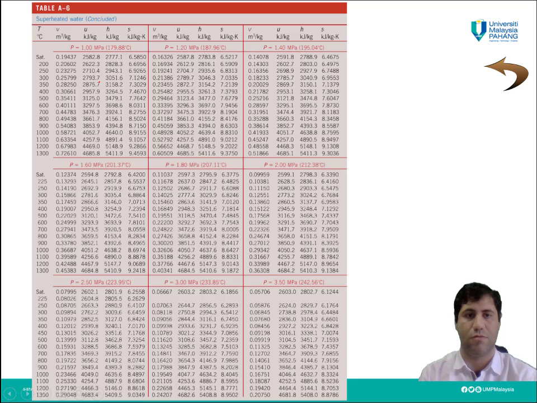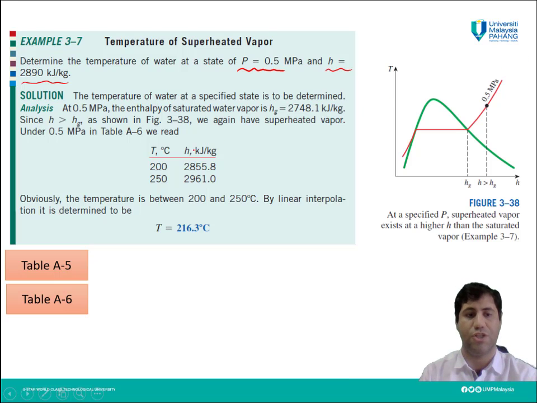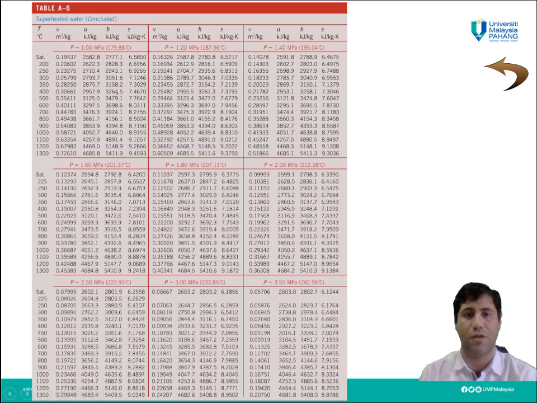If you remember, we have this table for different temperatures and different pressures. The pressure which we have here is 500 kilopascal or 0.5 megapascal. Let's see if we have that in this table.